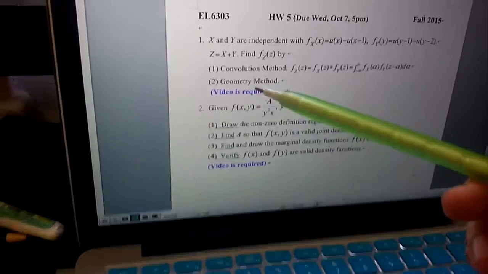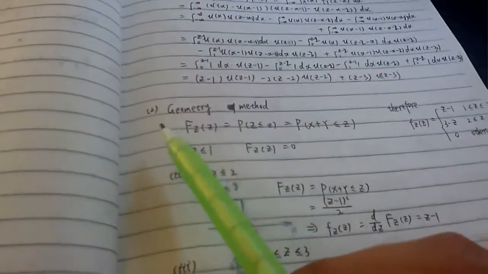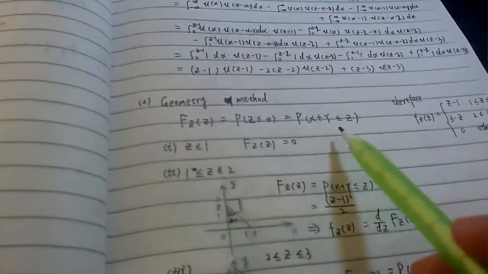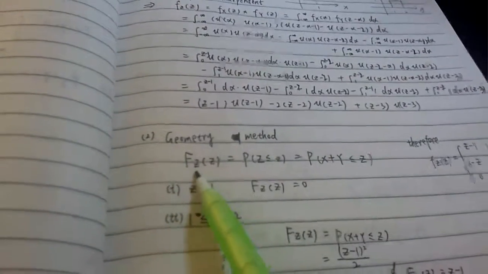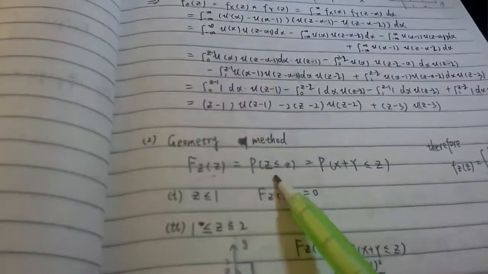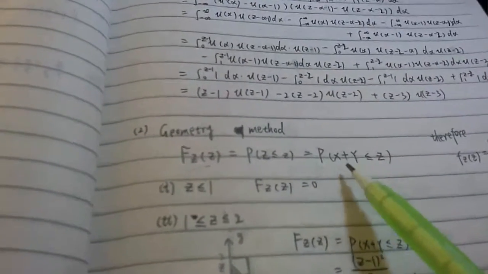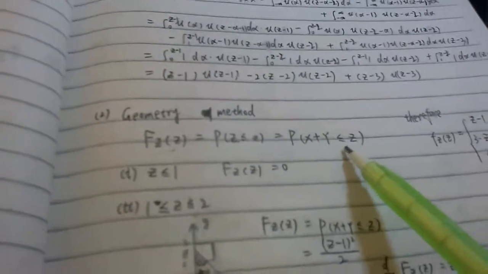The second part asks us to use the geometry method. We can get this equation from the definition of the distribution function, that is capital F_Z(z). Capital F_Z(z) is equal to the probability that Z is less than z, and this is the probability that X plus Y is less than z.